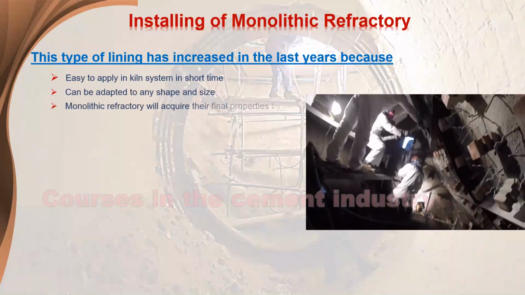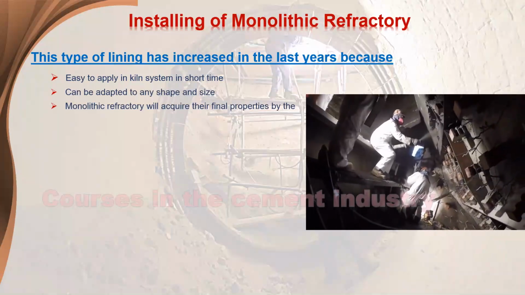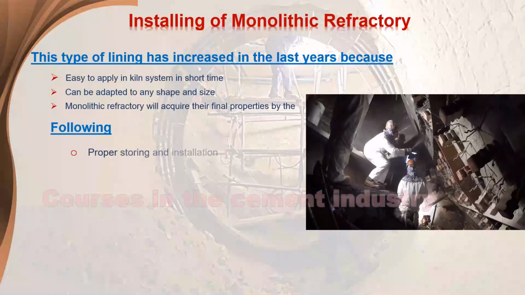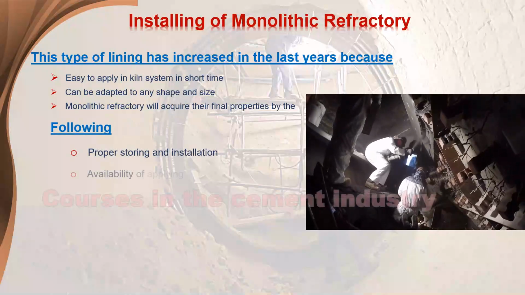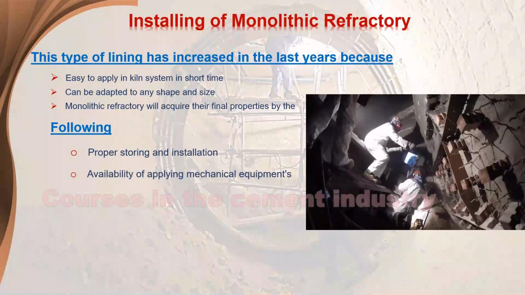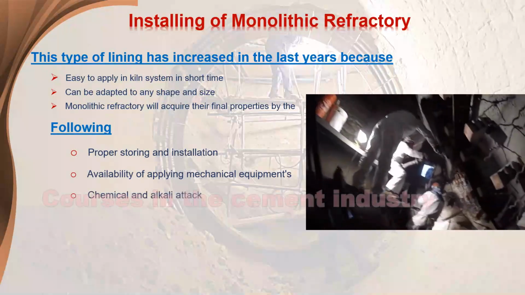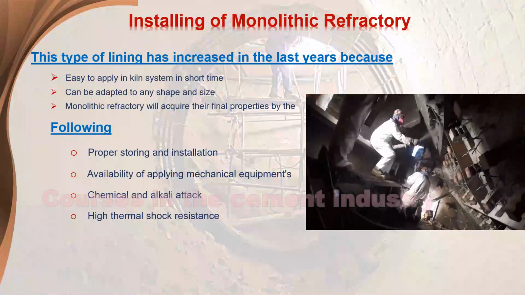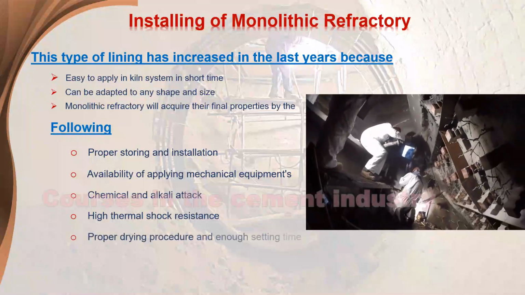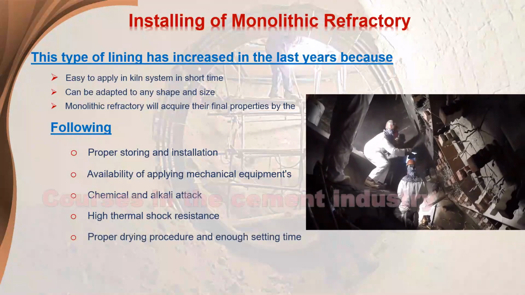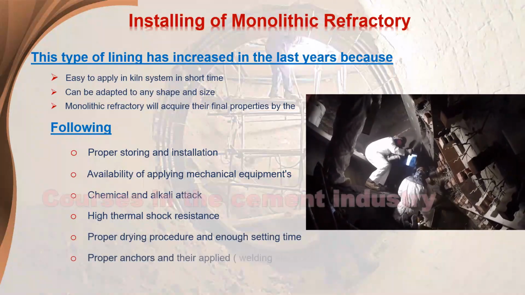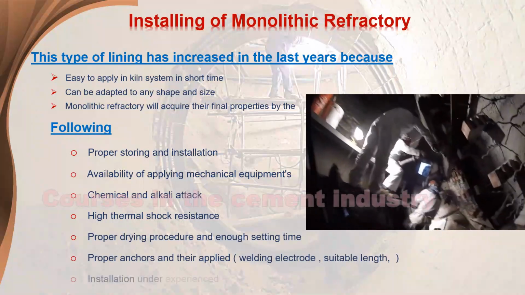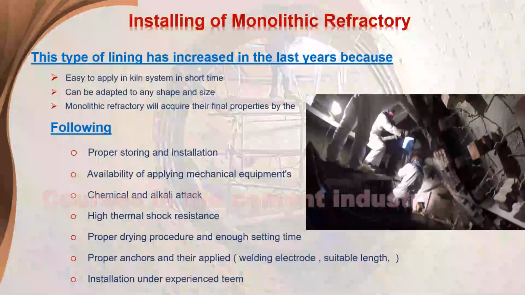Monolithic refractory will acquire their final properties by following: proper storing and installation, availability of applying mechanical equipment, chemical and alkali attack resistance, high thermal shock resistance, proper drying procedure, and enough setting time. Proper anchors and their application, welding electrode, suitable length. Installation under an experienced team.